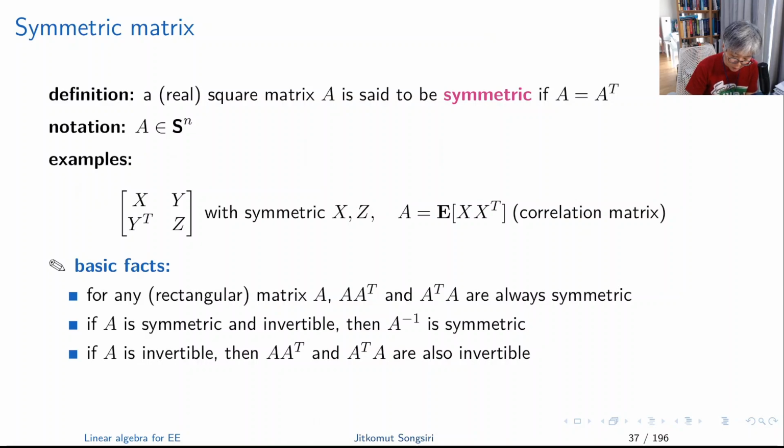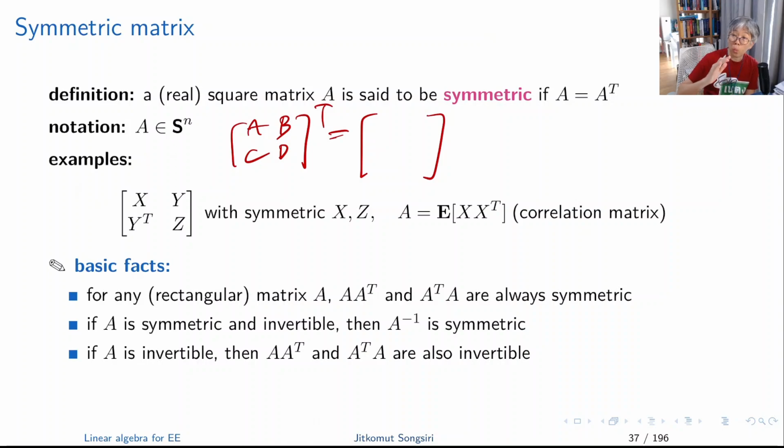Let me remind you that when you transpose a block matrix, suppose A, B, C, D, you can look at it as a transpose of a 2 by 2, but you also have to transpose all the sub-blocks inside.